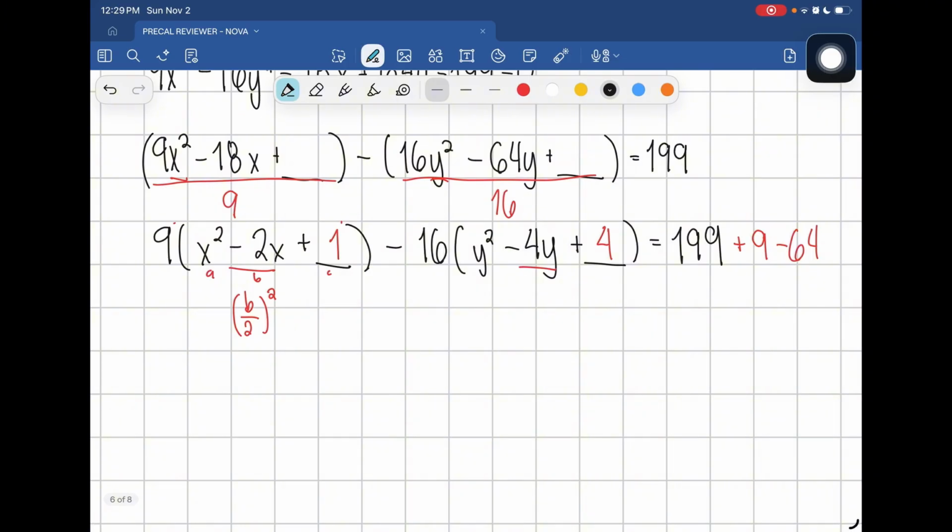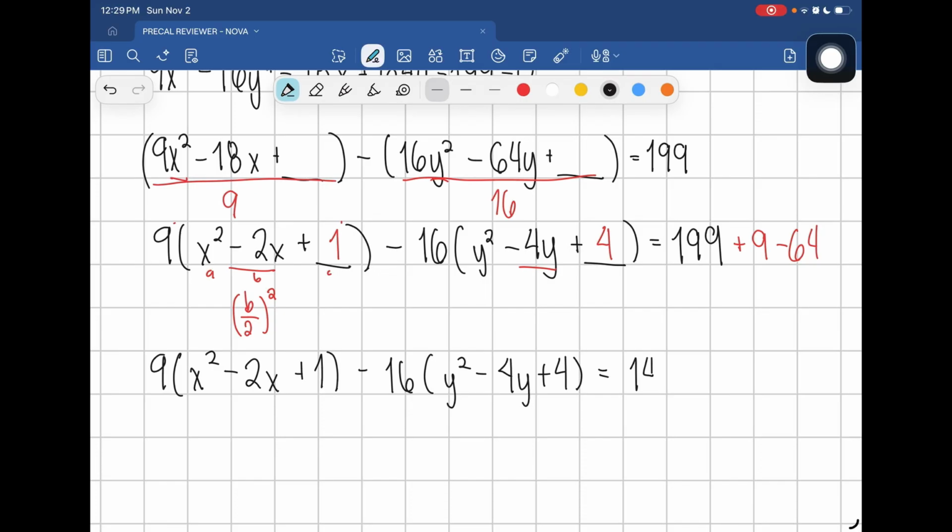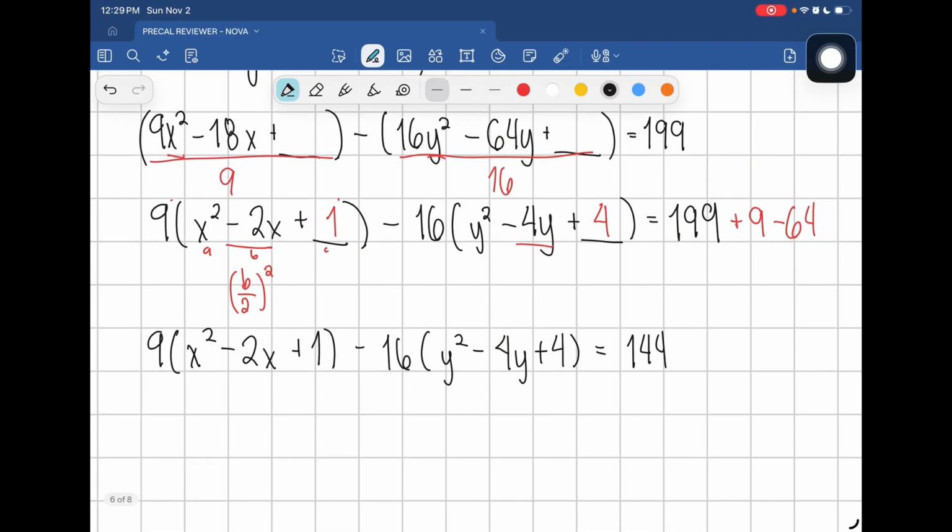So let's clean this up. 9 times x squared minus 2x plus 1 minus 16 times y squared minus 4y plus 4 is equal to 199 plus 9 minus 64, which is 144.